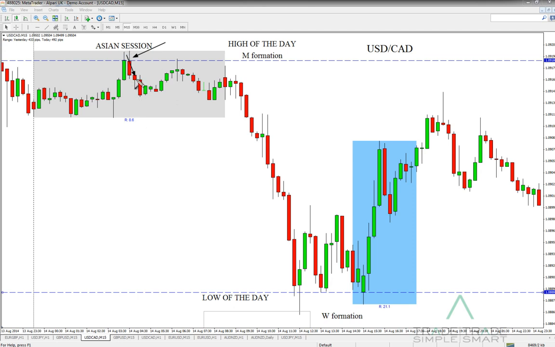Smart money then pushes the market down. Now, this is where the M and W formation come into play, because those traders who bought on the breakout of the resistance zone will have their buying pressure sold into, and this will cause the market to come down.